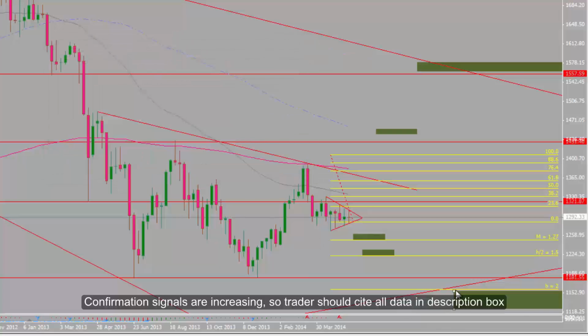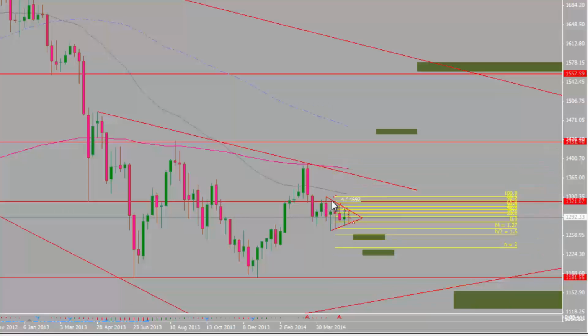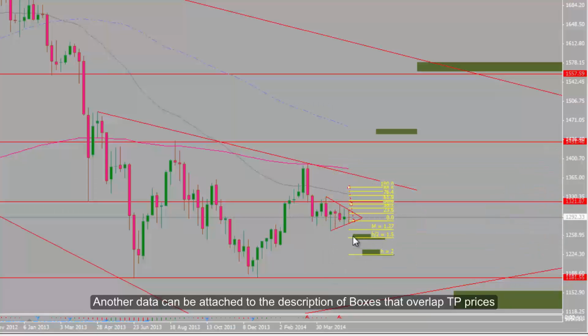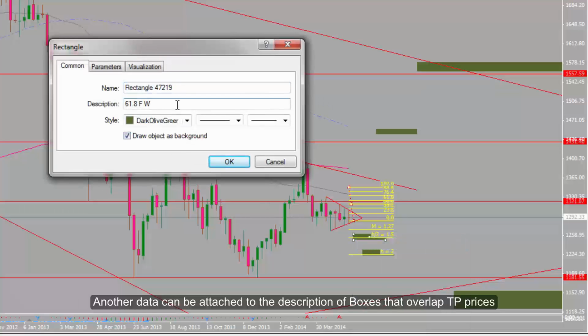Confirmation signals are increasing, so a trader should cite all the data in the description box. If a trader considers the triangle pattern only, then the TP and SL prices are detected. Another data can be attached to the description boxes that overlap TP prices.